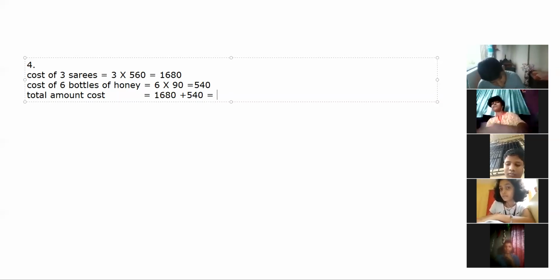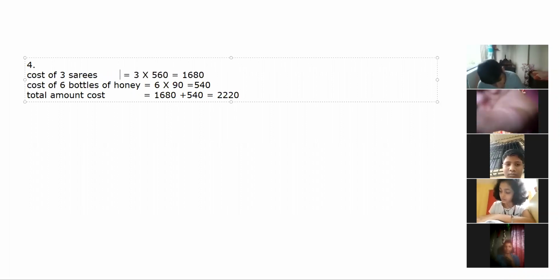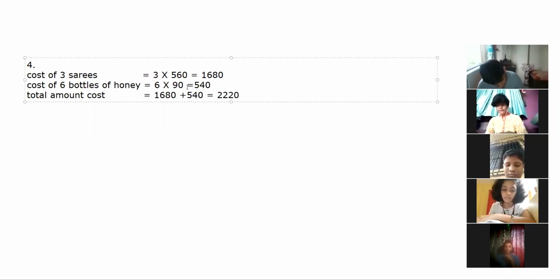You get the answer, rupees 2220. Okay, so write like this so you will understand each and everything clearly.